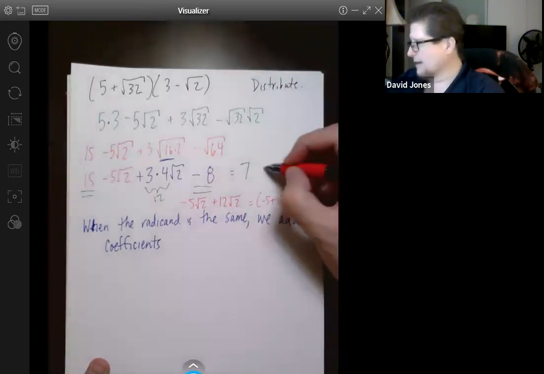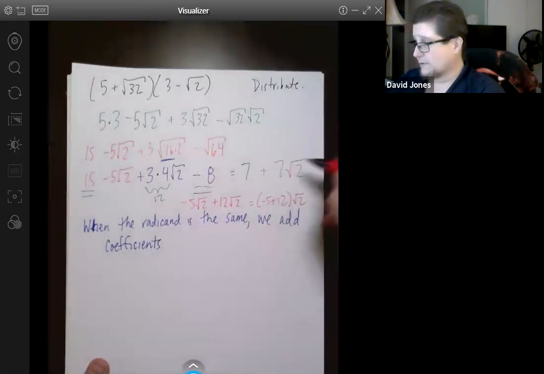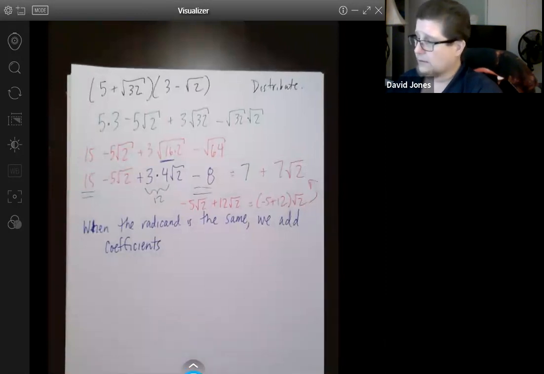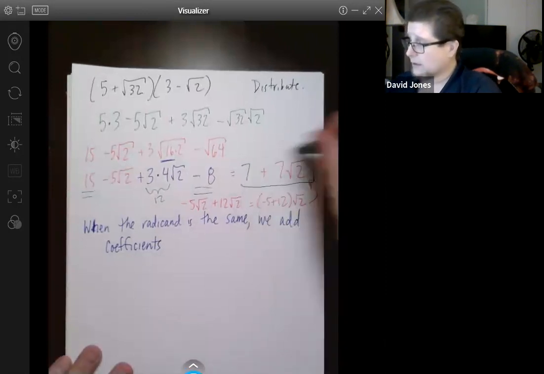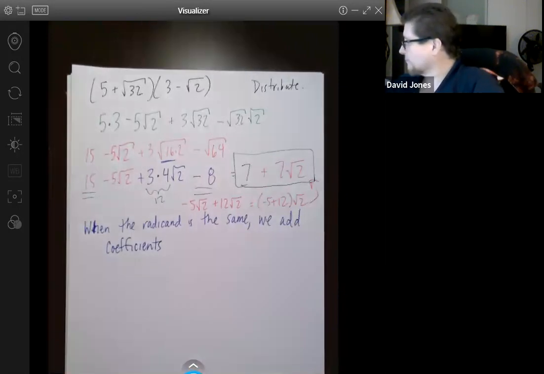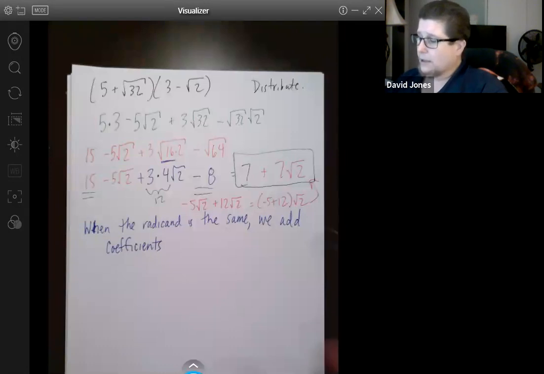And if we do that, we've got 7 root 2. Okay. And that requires the radicand to be the same.